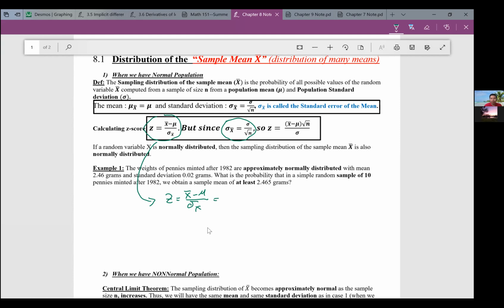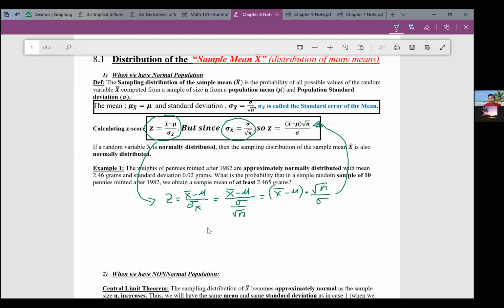This equals x bar minus mu divided by sigma divided by radical n, because sigma x bar is equal to sigma divided by radical n. When we divide fractions, we multiply by the reciprocal. So this is equivalent to x bar minus mu times radical n over sigma, and that is what you see over here.